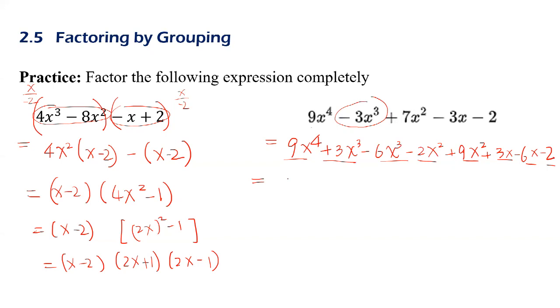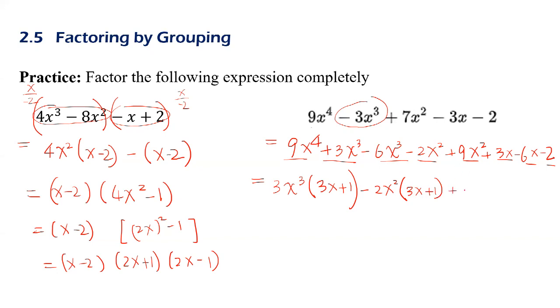So as you can see here, for the first two terms, if we put the common factor 3x cubed in front, what's left there is 3x plus 1, right? And for the next two terms, if we put the common factor 2x squared in front, what's left there is 3x plus 1, right?